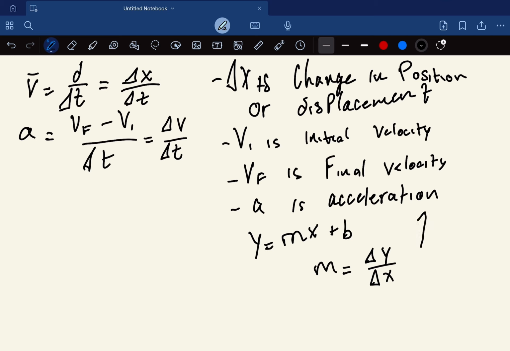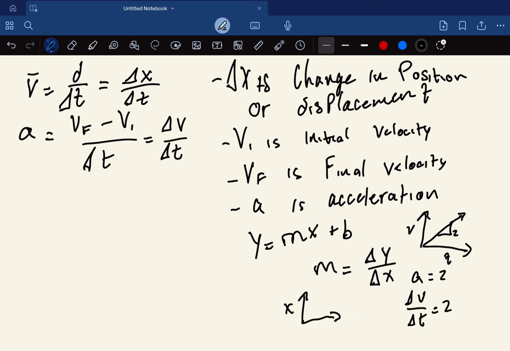Let's say we have a v versus t graph. Let's say the slope of this line is 2, then a equals 2, so delta v over delta t equals 2. And the same applies to velocity when it comes to a position versus time graph, where the slope of this graph is equal to change in x over change in time, which is equal to the slope.